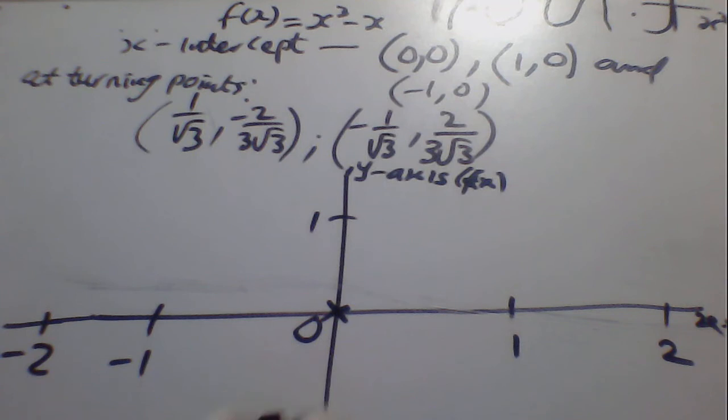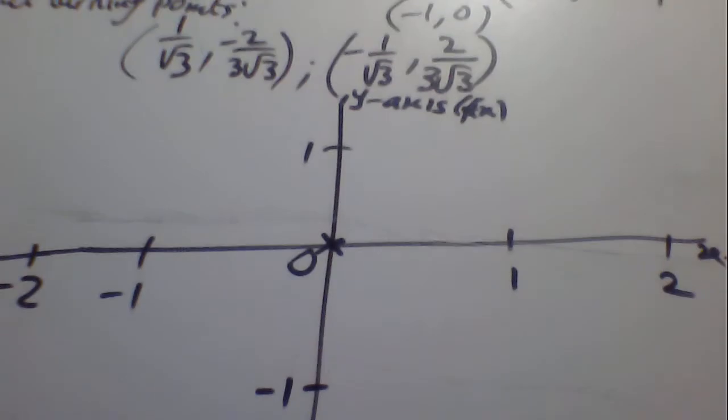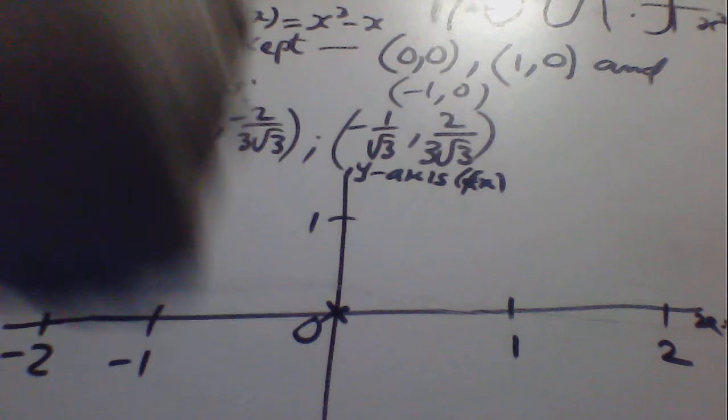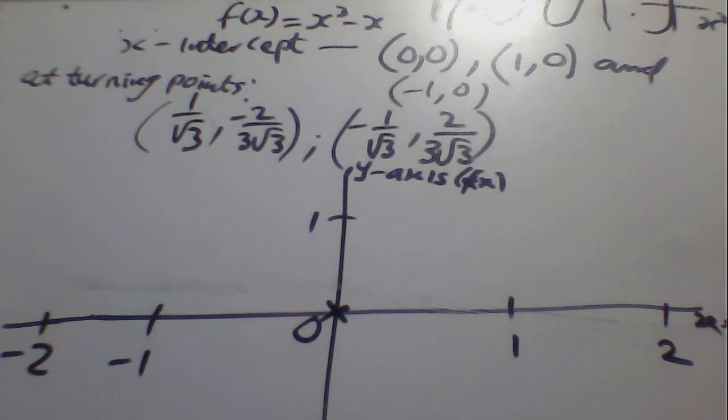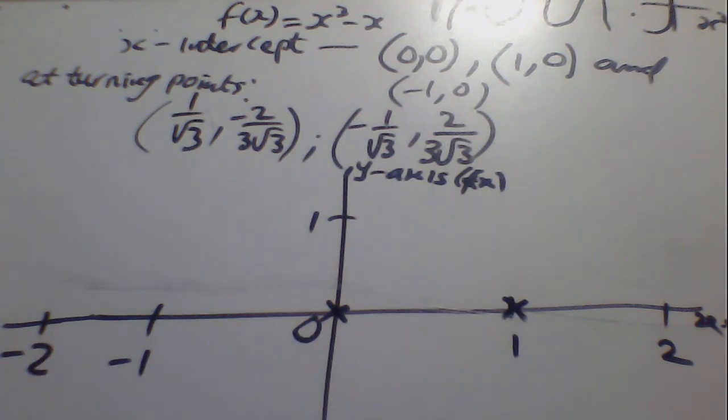Here it can be -1. Having seen -1, we can now proceed. So we have put the first point. The second is when x is 1, y is 0. So this is another point. When x is -1, y is 0.